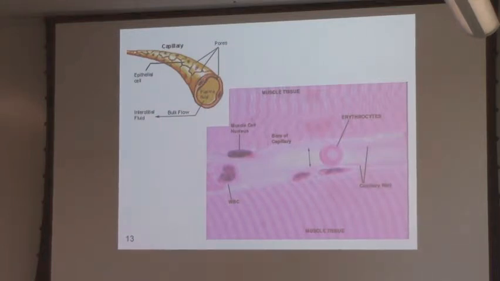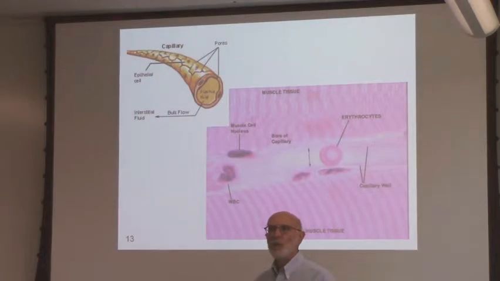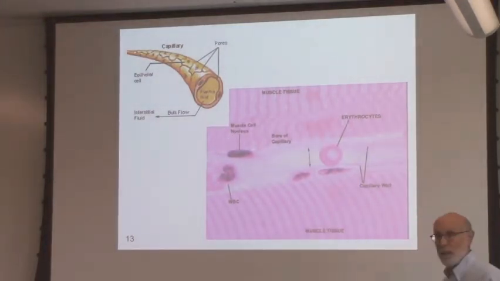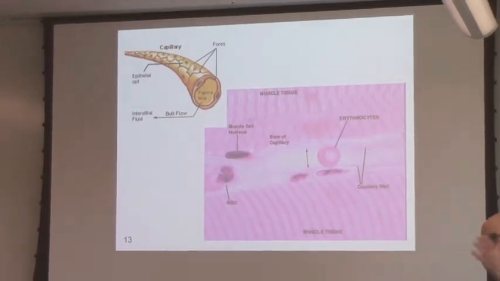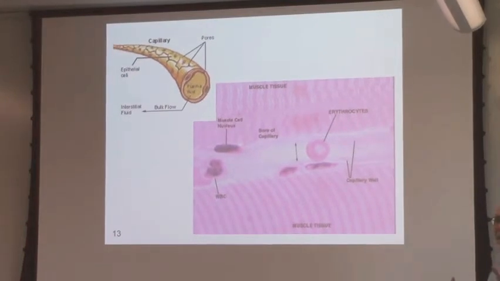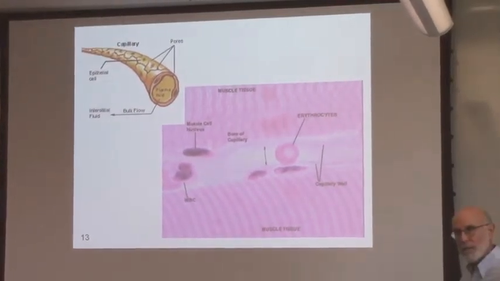They're extremely thin walled. Remember in the first problem set, I asked you to calculate how fast blood was moving through an arteriole. But I didn't give you this picture, but now I'm sort of circling back. Here is a capillary. Here is a capillary.